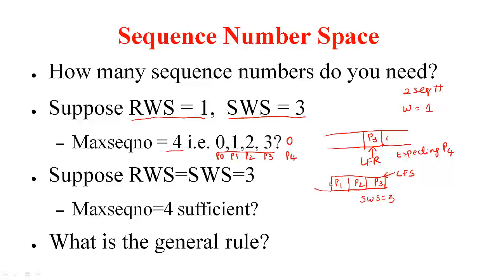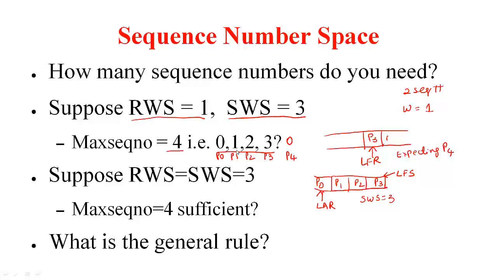So it has already received an acknowledgement for P0. This has been the last acknowledgement received. Since it already received an acknowledgement for 0, it would not send P0. Thereby, there is no confusion of P4 with P0.